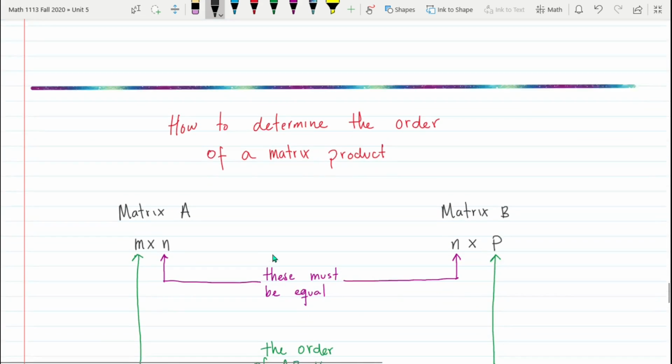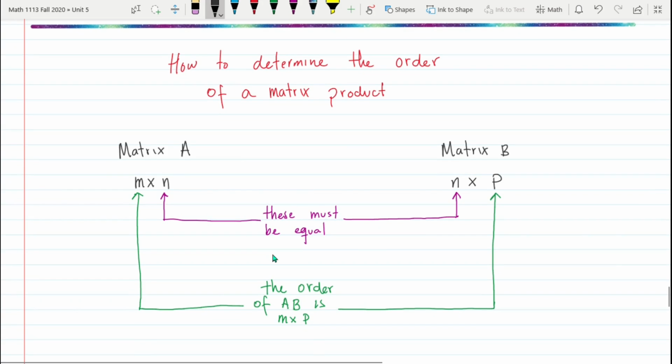Now, here is something else that we need to know about matrix multiplication. So, how can you determine how big your matrix is going to be after you multiply it? You're wondering, well, what kind of question is that? So, one thing needs to happen before you can actually perform the multiplication, okay?